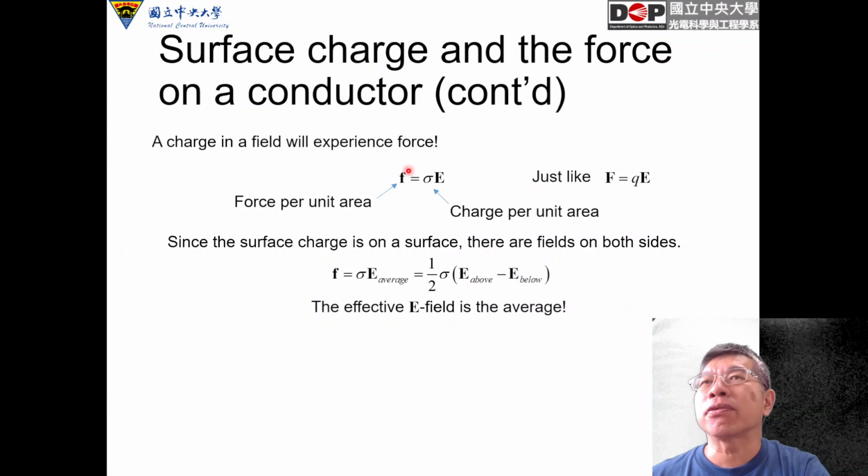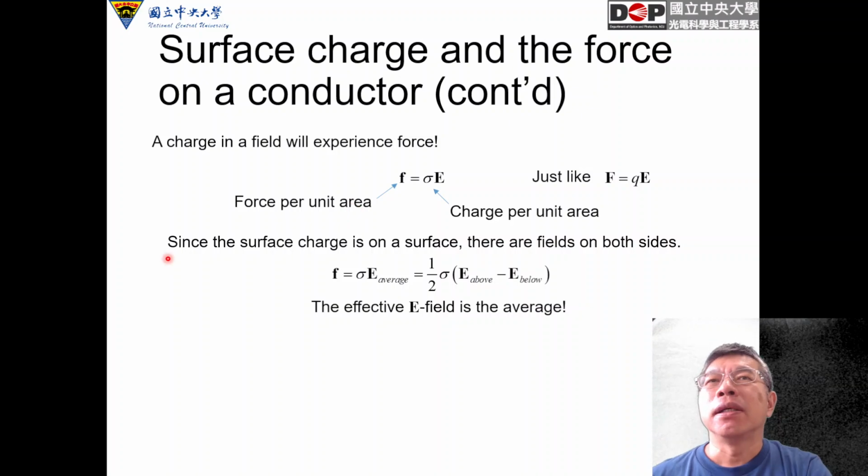So right now we write the small f, not the capital F. It means it's a density, per unit area. So it's the force per unit area.